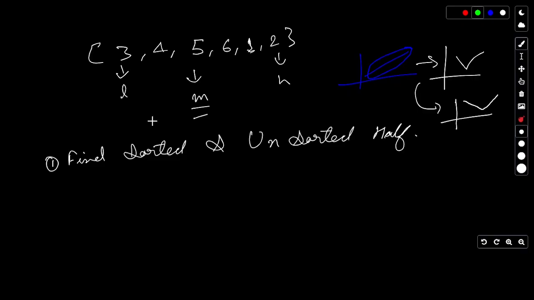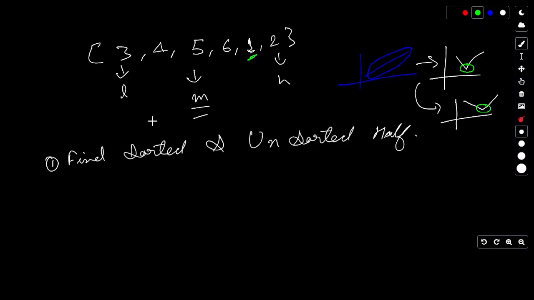What I'm trying to tell you is that there will always be a minimum element within the array, and that minimum element is the point from where the array is sorted. So in this array the minimum point is 1, and from this point the array is sorted.